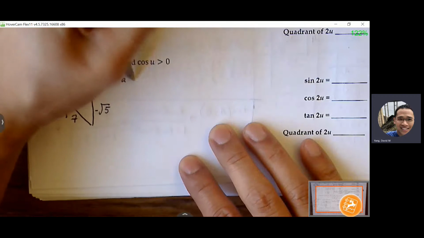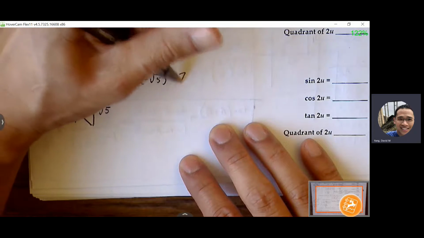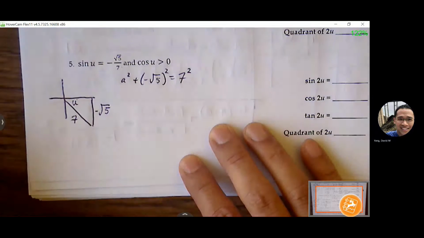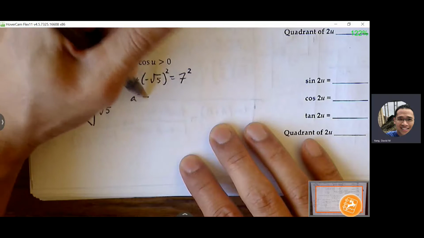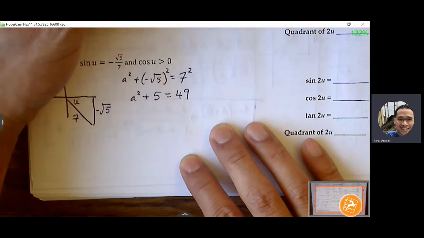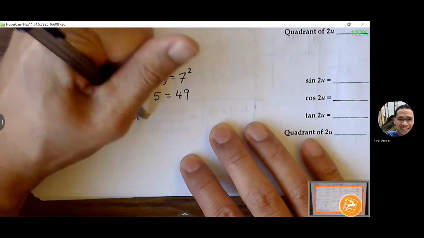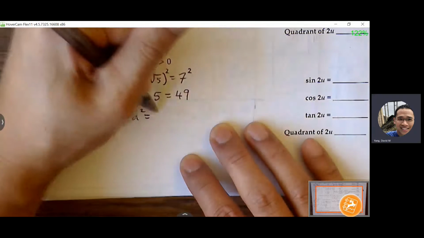A squared plus b squared equals c squared. Negative root 5 just becomes 5 when squared. 49 minus 5 is 44.